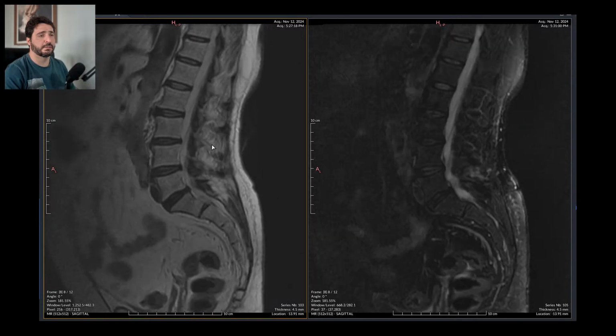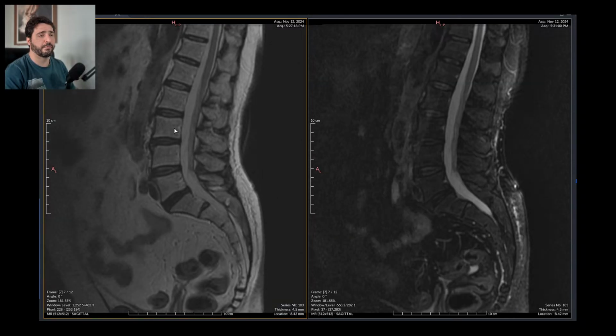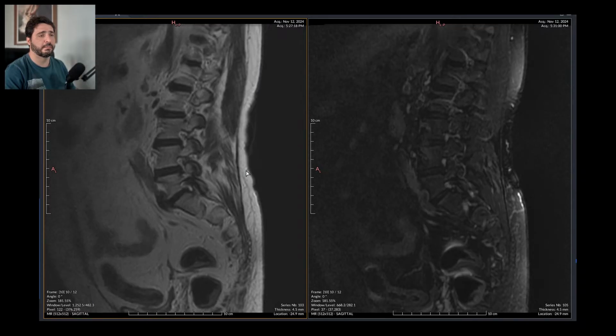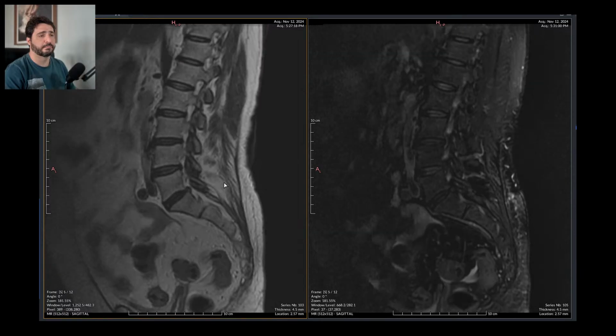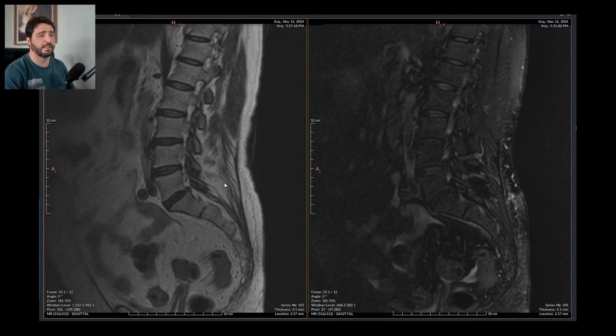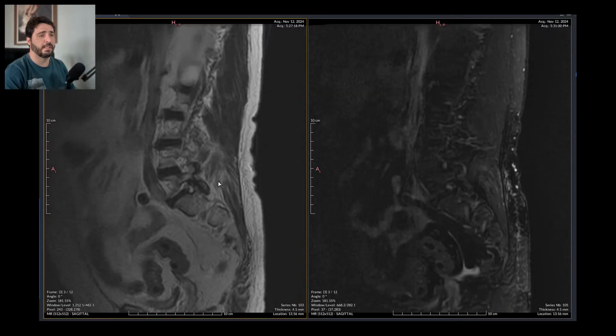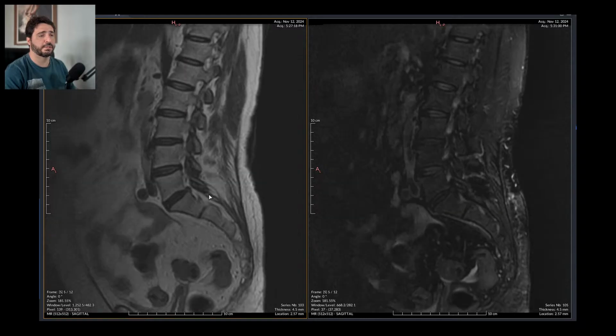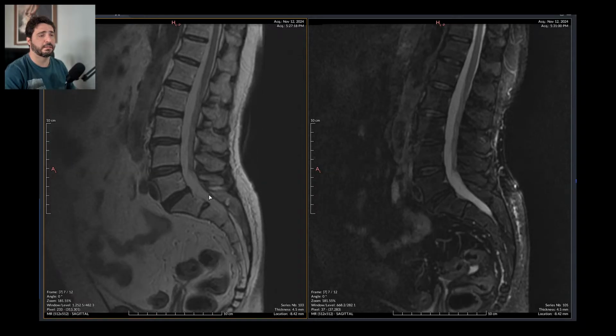We could say from L3, 4, and 5 to S1, protrusions, 3 protrusions right there. The neural foramina seem fine. Maybe there is a mild stenosis here. Maybe mild stenosis here, so we could say that on L5, S1.